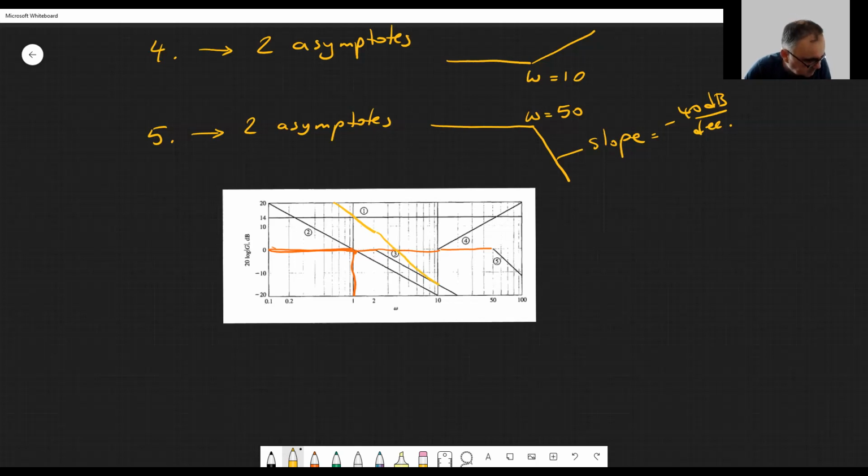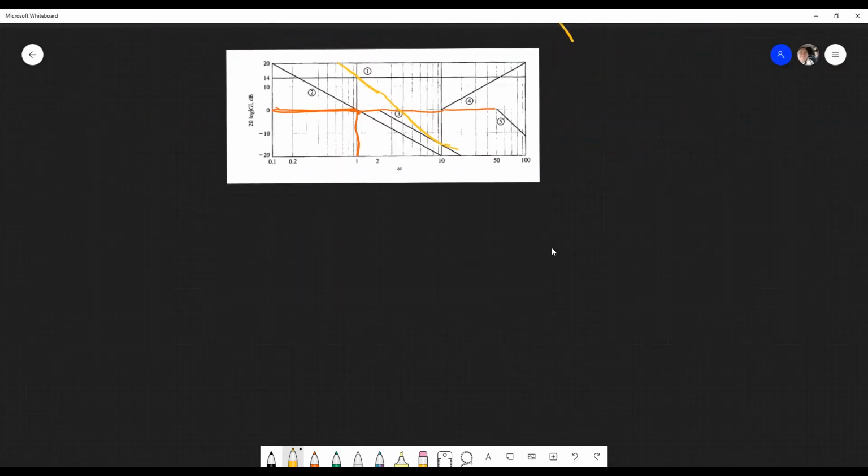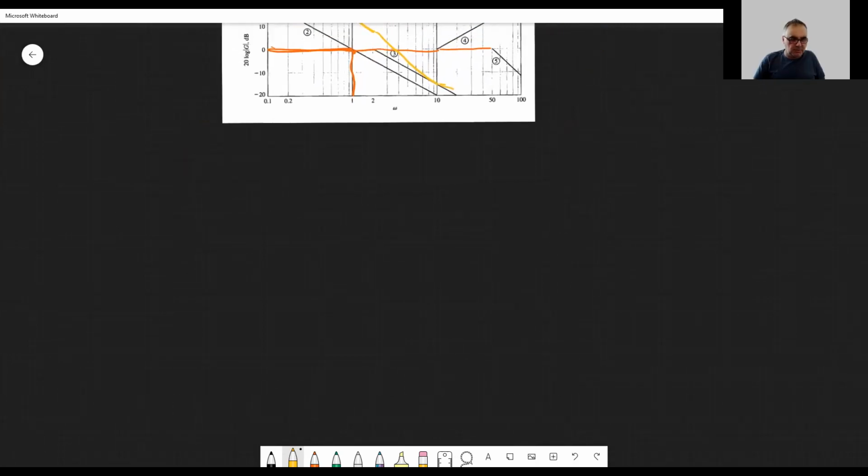And then the slope is going to be minus 1 again. Of course, this picture doesn't show it anymore, so let me copy it from the book and show it there.